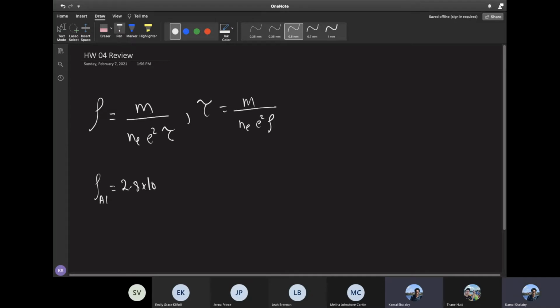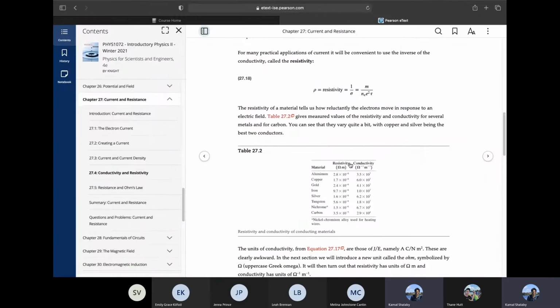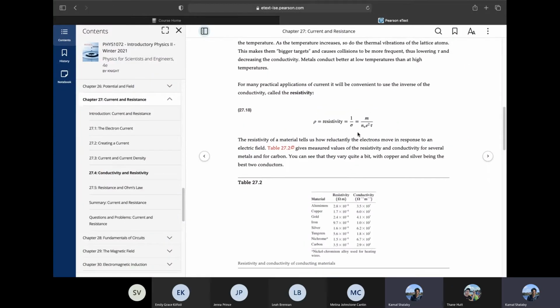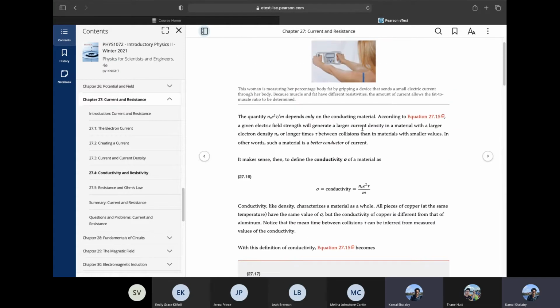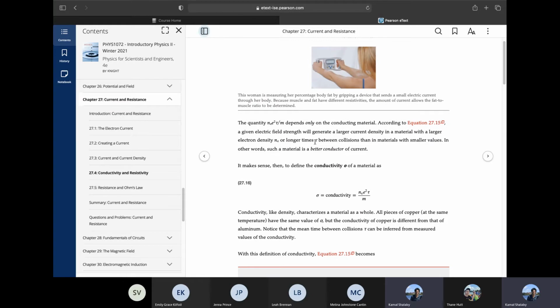Oh, no, it's -8. Oops. Okay. Well, I'm assuming again that this small n is the electron density. So yeah, tau is the time between collisions, and that is what we need to find.